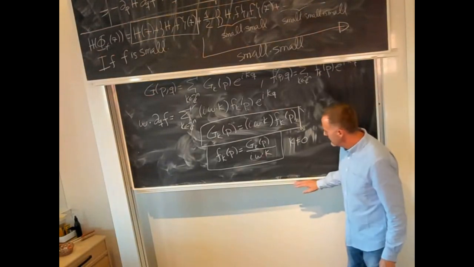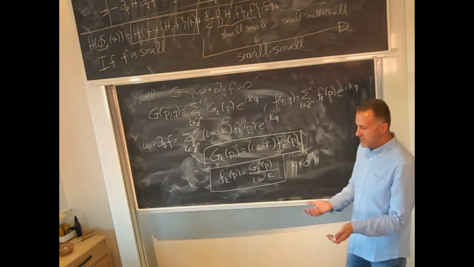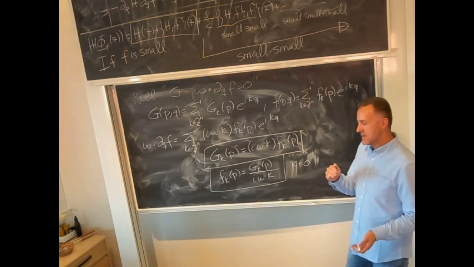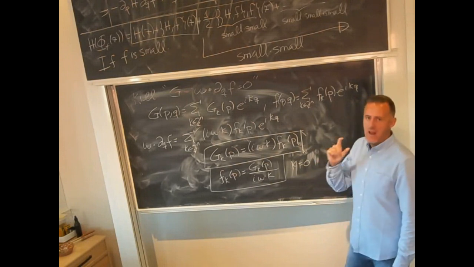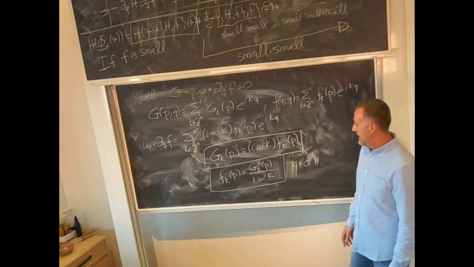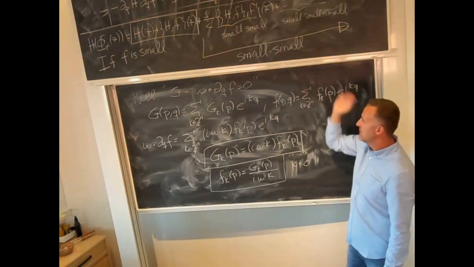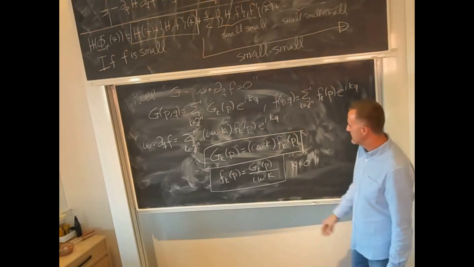So I get f from the capital G coefficients. Now, there are several things here to discuss. One is that we were all the time saying, well, f is as small as g. So all these small times small terms were killed, and is this true? Well, this is true because we chose omega to be Diophantine.